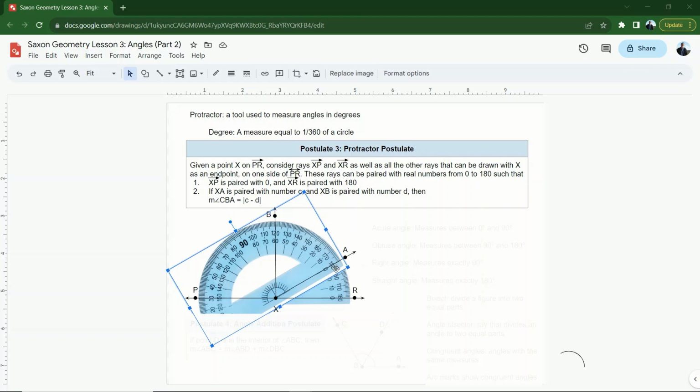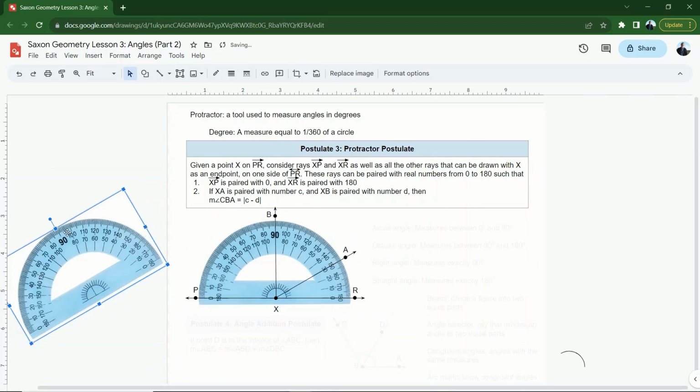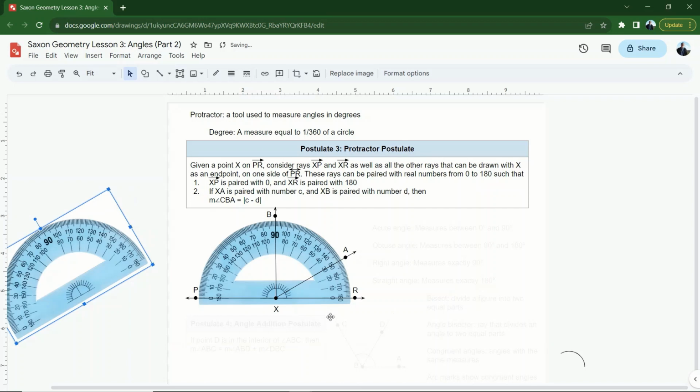And then I can read the angle measure up to where the other line is. But the key is that you have to be sure to line up your protractor so that wherever these two little crisscross lines crisscross, that happens at the vertex of the angle. In your book, there's crisscross lines on the protractor, but they're in the wrong spot for some reason on that protractor that's drawn there.